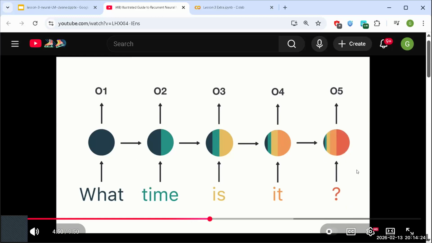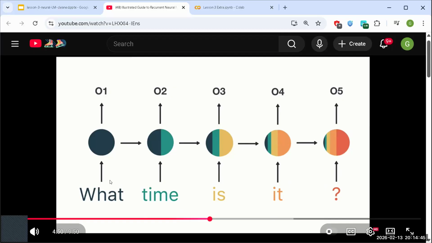So this recurrent neural network is using the information from previous steps, in this case from previous words, because "what" is represented by this blue, "time" is represented by this green, yellow is the "is," and then orange is the "it," and then this red color is the question mark.